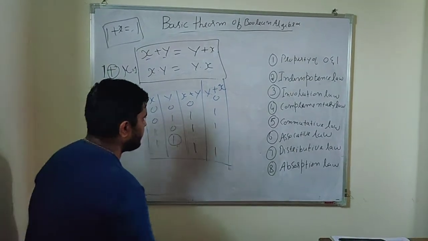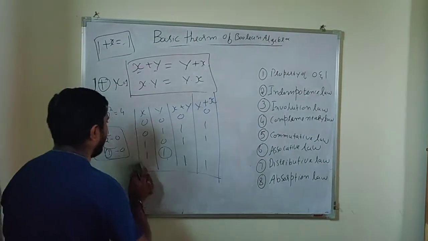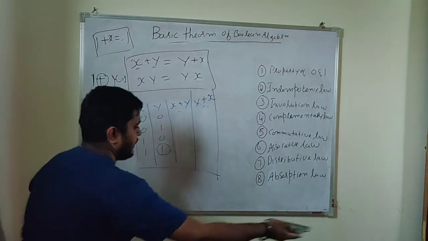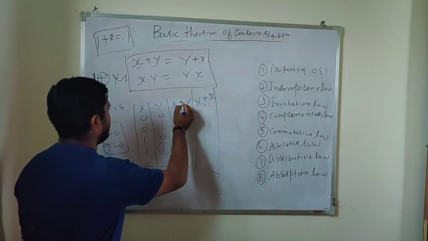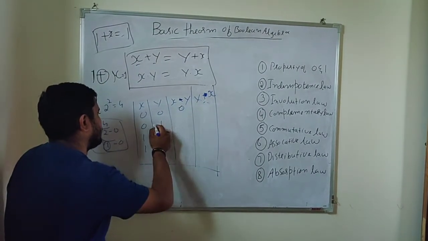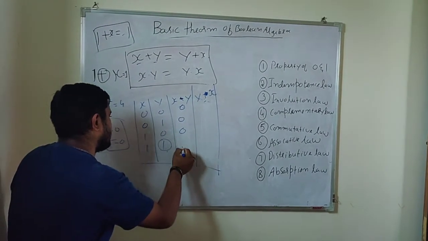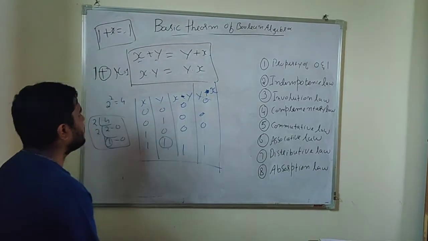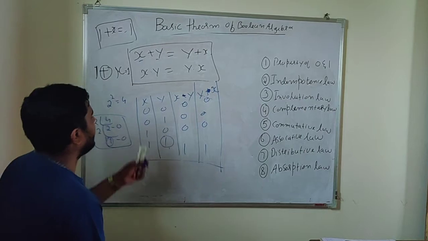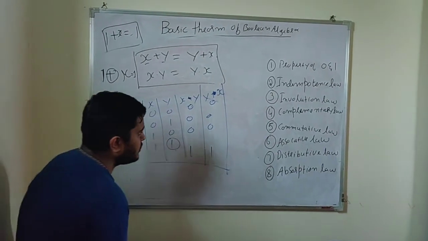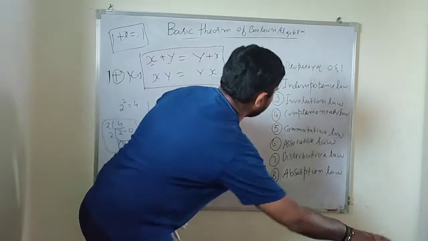Now let us work the same truth table for multiplication, x into y. 0 0 gives 0, 0 1 gives 0, 1 0 gives 0, 1 1 gives 1. So it will be the same. So this is the truth table for the commutative law. I hope you understood the commutative law. Next, let us move to the associative law.